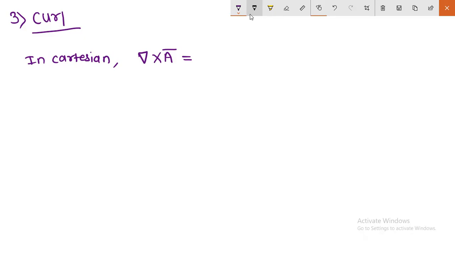So for this curl also we are using a determinant. In the determinant we take first the unit vectors, a bar x, a bar y, and a bar z.